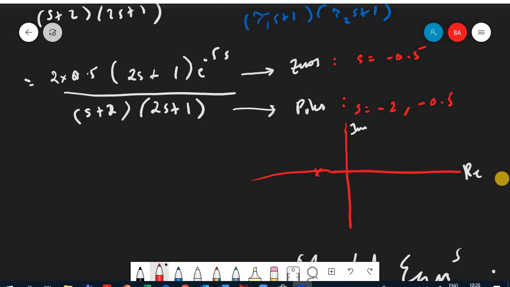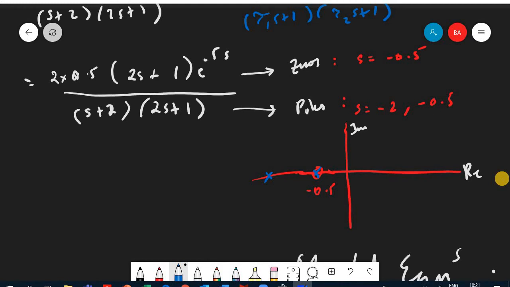Oh my god, another mistake. I have put an x. I shouldn't put an x. For zeros, I should have a circle. So I'm going to fix this: s = -0.5. Now things look better. And for the poles, I have -2 and -0.5. So there's -0.5 and -2. Definitely the zeros will have an effect.